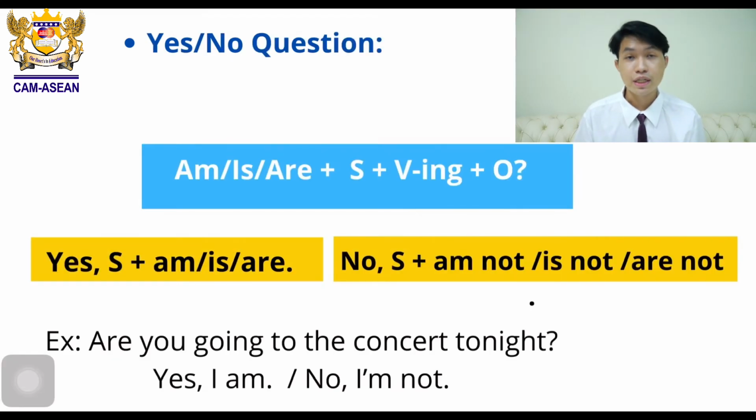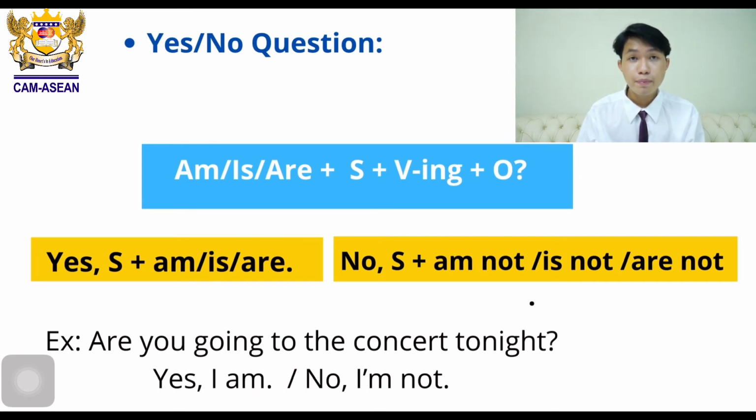Yes, no question, okay? So we know already that yes, no question is a question that you need to answer yes or no. Alright, so let's look at the structure together. It starts with am or is or are, and then followed by subject, and then followed by verb add ing at the end of that verb, right? And then followed by object and then question mark, okay?